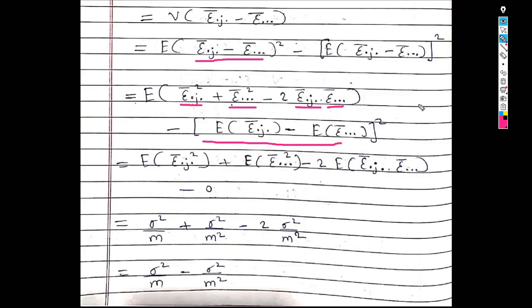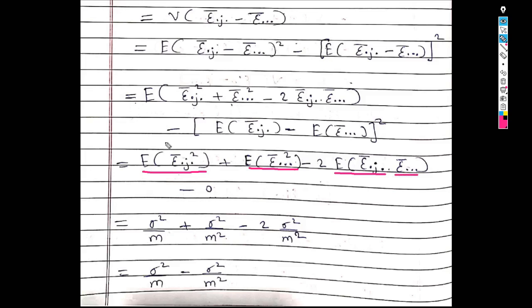Now in this first bracket take expectation inside. So we get expected value of epsilon dot j dot bar square plus expected value of epsilon dot dot dot bar square minus 2 times expected value of epsilon dot j dot bar into the expected value of epsilon dot dot dot bar, minus this last term, which is 0.